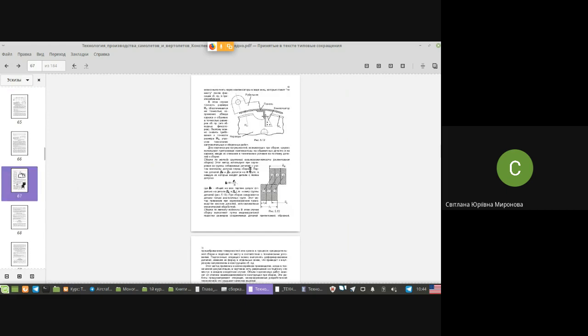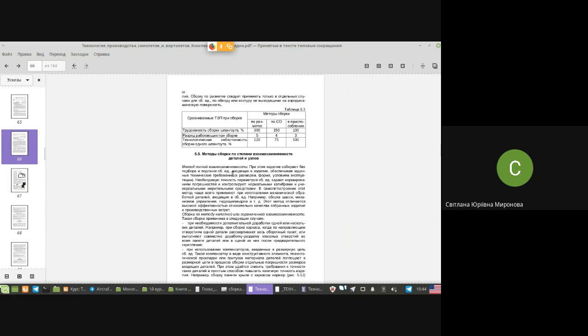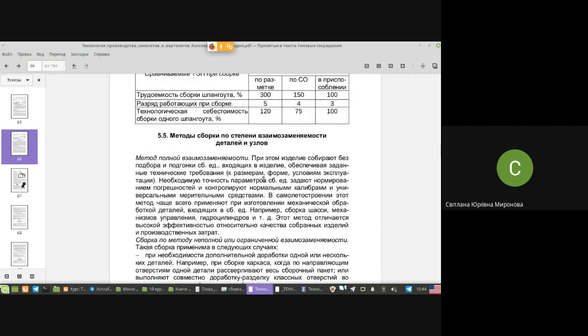Now, let it be. So, technique of complete interchangeability. You see, I have opened a similar book, but this similar book is not in English. I will try to do something in this matter for you, but can't promise, especially considering our situation with electrical energy.